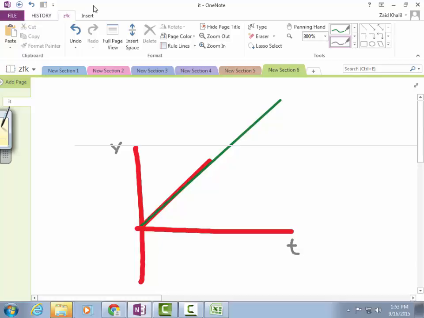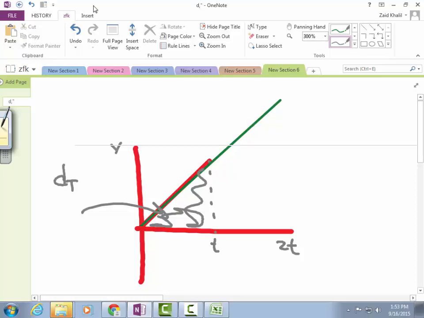Now the displacements of each are going to be represented how? Area under the curve. And so this right here is going to be what? 1/2. What is that going to represent? The distance. So this is the displacement traveled by the truck, correct? So this right here is dt.